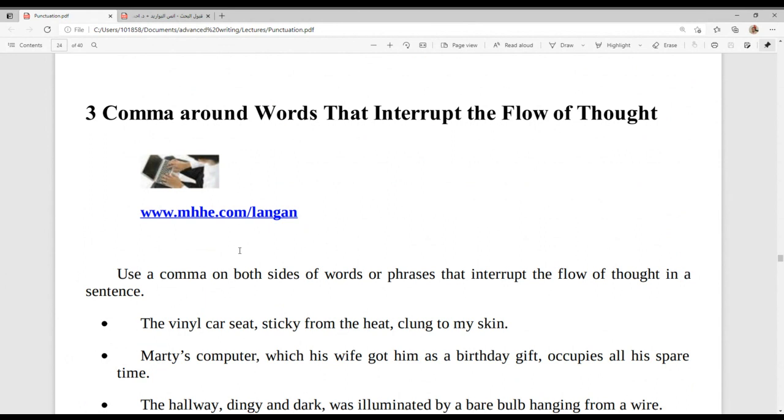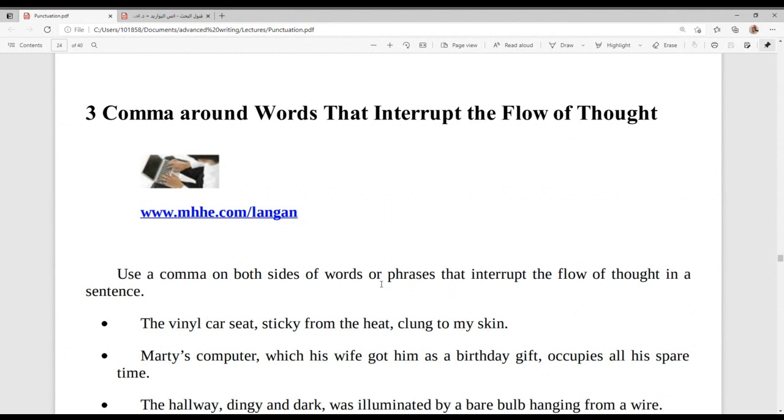Sometimes we call them parenthetical sentences or extra information, or sometimes they come in the form of examples for the purpose of explanation, for giving extra information about certain concepts, or as a kind of paraphrasing or giving synonyms of the previous concept or word.